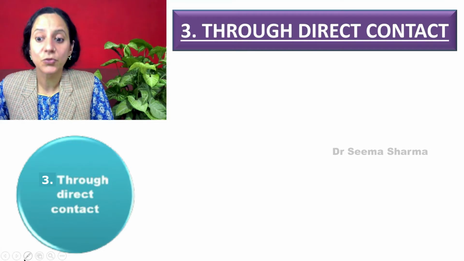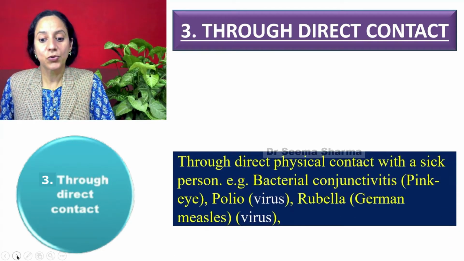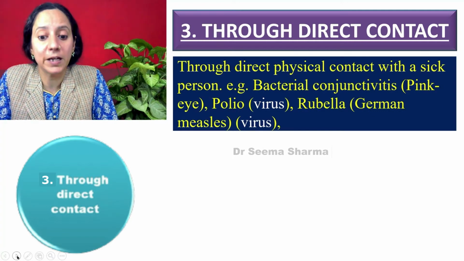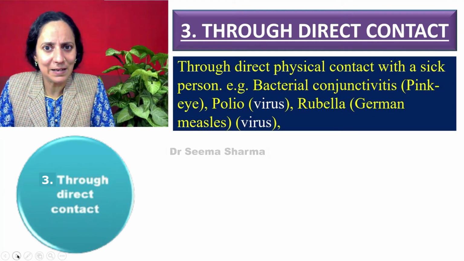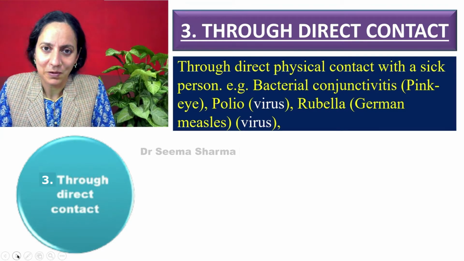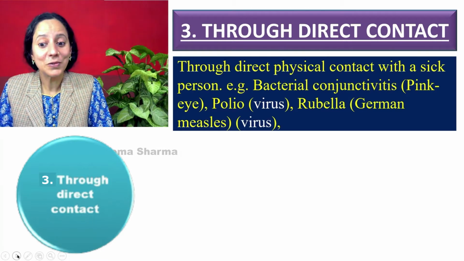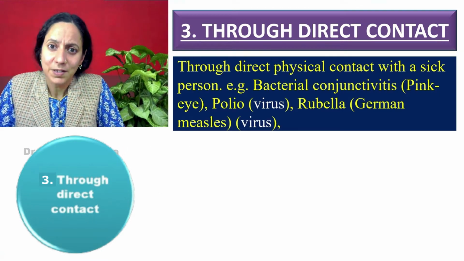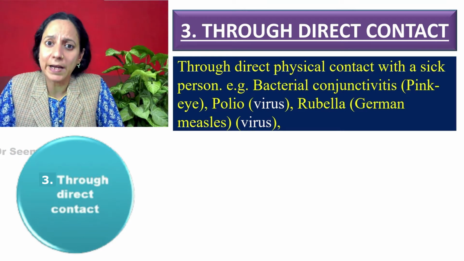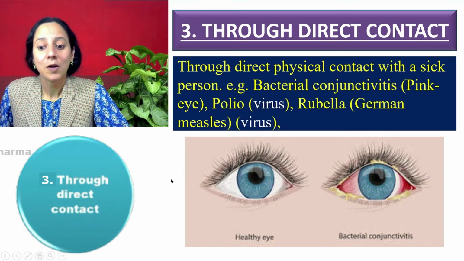Third route is through direct contact. Direct contact means direct physical contact with a sick person. Like when you are down with a viral infection, your mother takes care of you, and when you recover, your mother falls sick. So that is direct contact. Some common examples of diseases which spread through direct contact are conjunctivitis or eye flu, and polio.